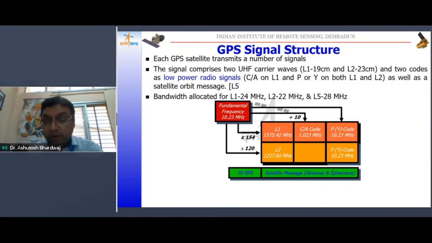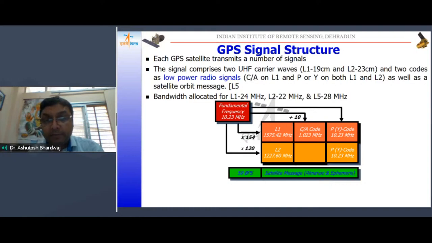Because at a time you may be receiving the signal from 4 satellites, 8 satellites belonging to one constellation. So those coordinates will also come to the receiver in the form of ephemeris data. So ephemeris provides you instantaneous coordinates, whereas the almanac provides the entire constellation information.